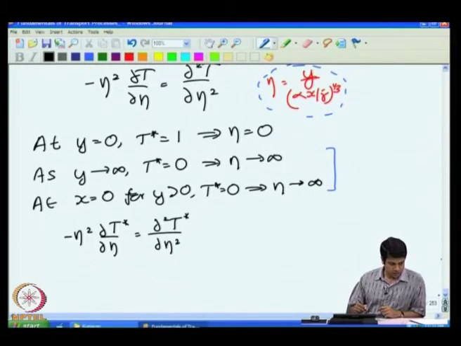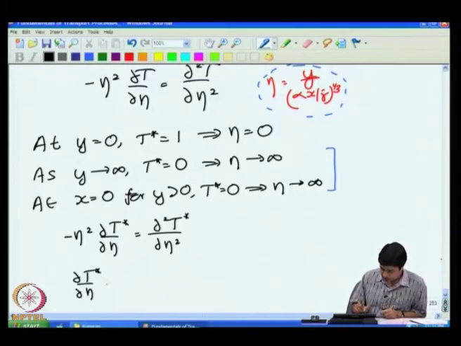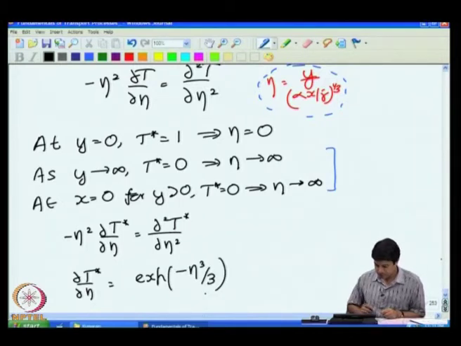Integrate it once to get partial T by partial eta is equal to e power minus eta cubed by 3. Okay.